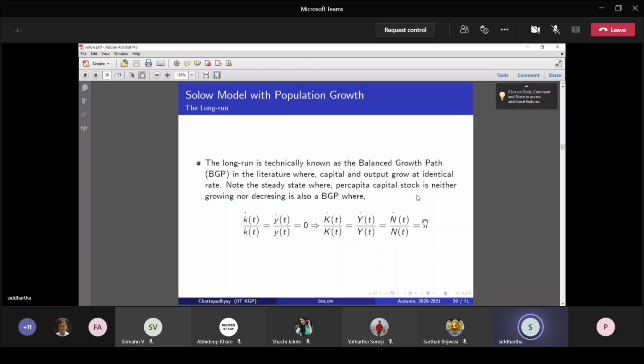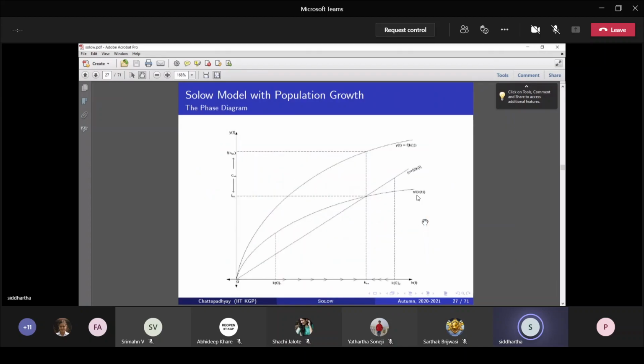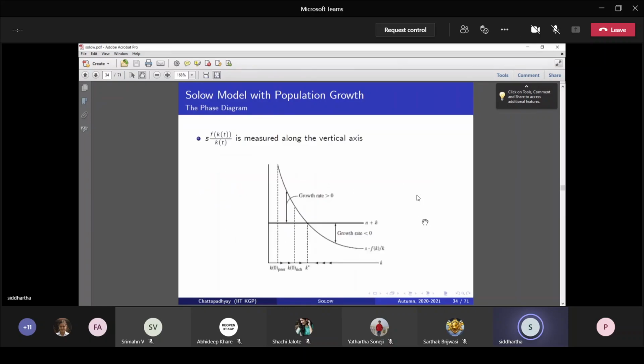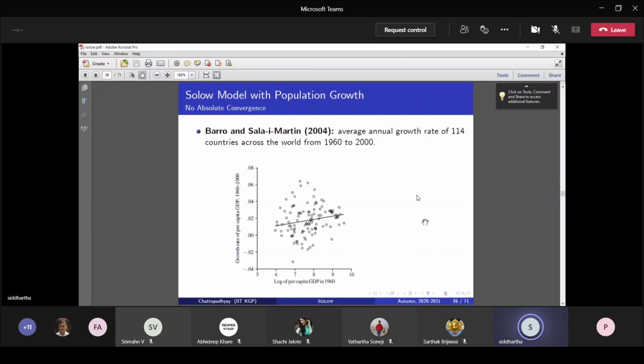Irrespective of whether you are analyzing short run or long run, the Solow model is always predicting that the rate of growth of the poor country should have been higher than the rate of growth of the rich country. But when we have tried to examine this prediction of the Solow model with the data, that is Barro and Sala-i-Martin 2004, it is not matching at all.